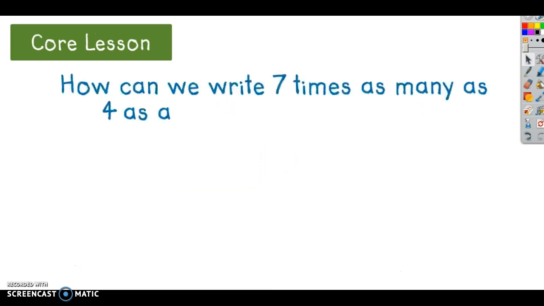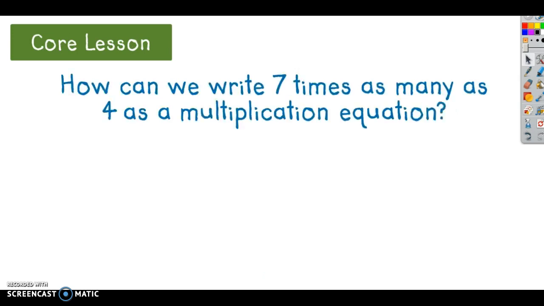How can we write 7 times as many as 4 as a multiplication equation? So on your scratch paper, I want you to pause the video and then try to write an equation for 7 times as many as 4, and then hit play once you've tried it. So again, we start with 4 because we have as many as 4.